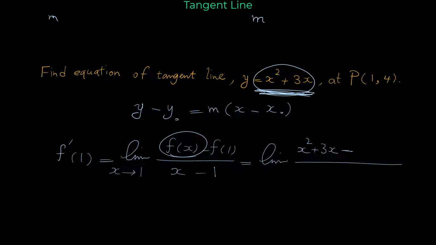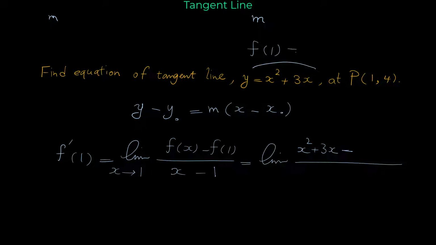Simply, you have to plug in 1 for x to find f of 1. f of 1 would be 1 squared plus 3 times 1. 1 squared is 1, plus 3 equals 4. So f of 1 is only 4, all over x minus 1 as x approaches 1.